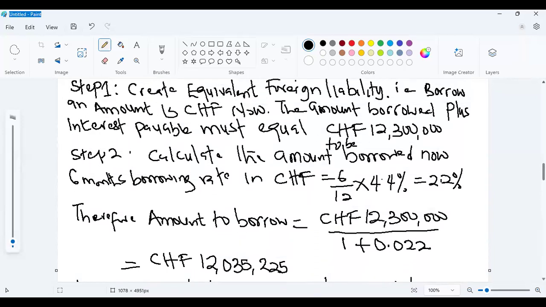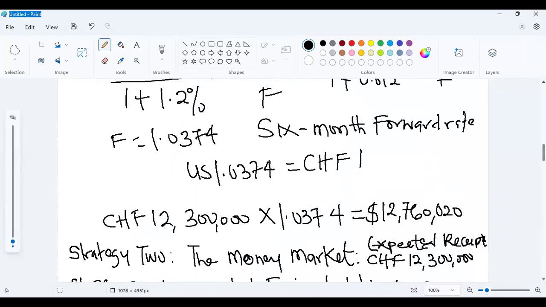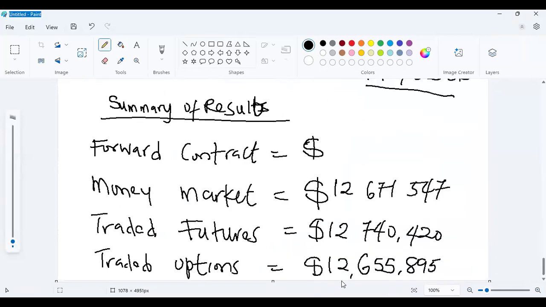Under forward contract, we shall be getting, look at it here, 12,760,020. Now, if you compare, which of the hedging strategies will give the company the highest dollar receipts in 6 months?